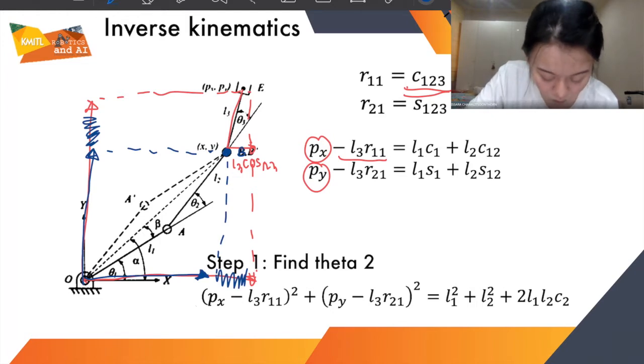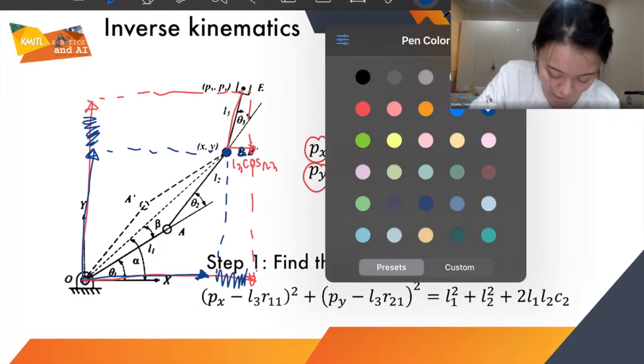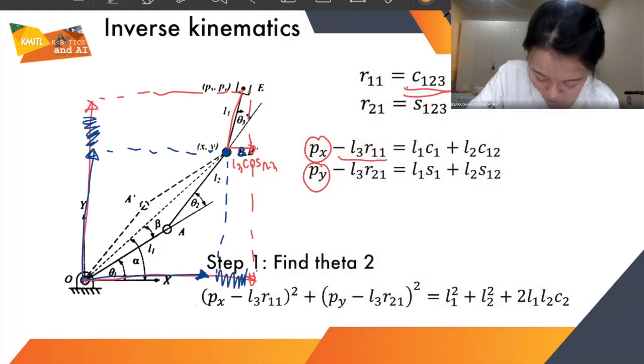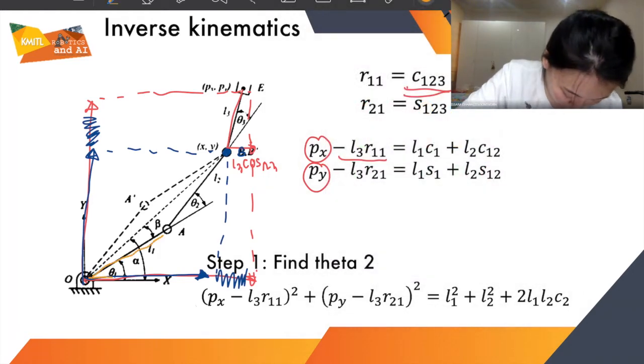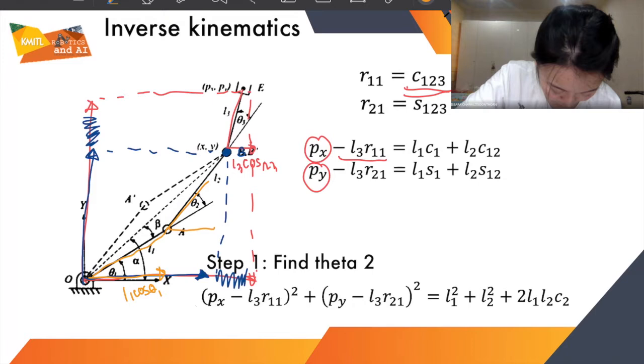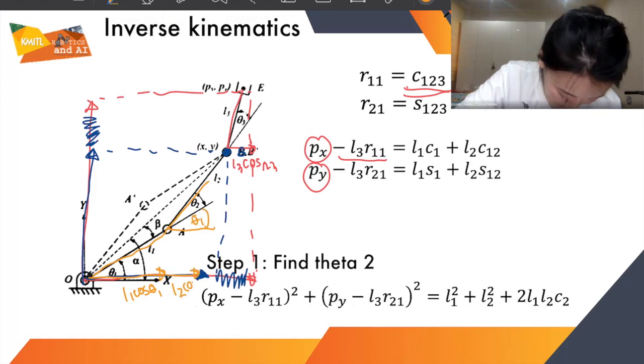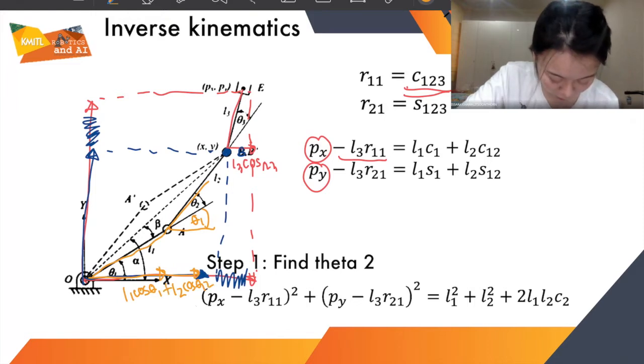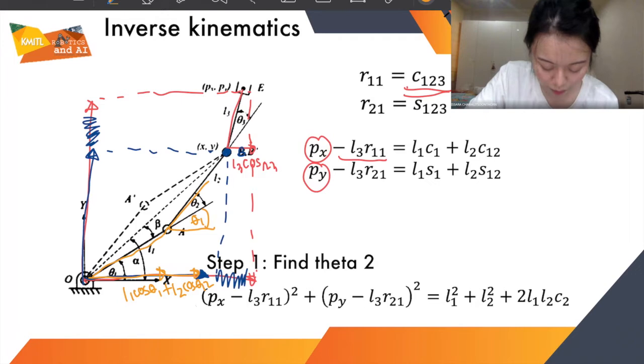Next, we make it equal to L1 cos 1 plus L2 cos 1, 2, because as we did in the last slide, L1 here is L1 cos theta 1 and this is L2 cos theta 1, 2. So we can add them and it will be equal to Px minus L3 R11.